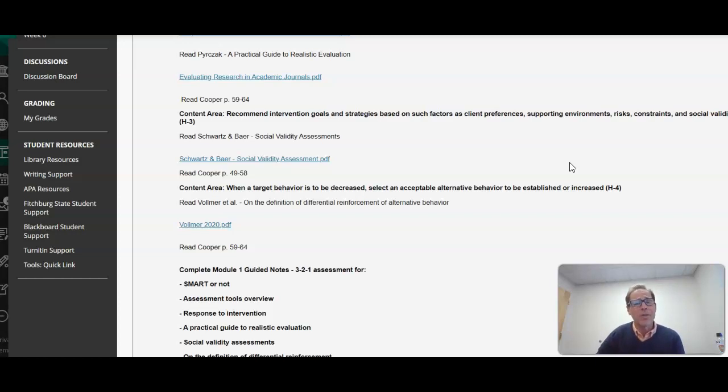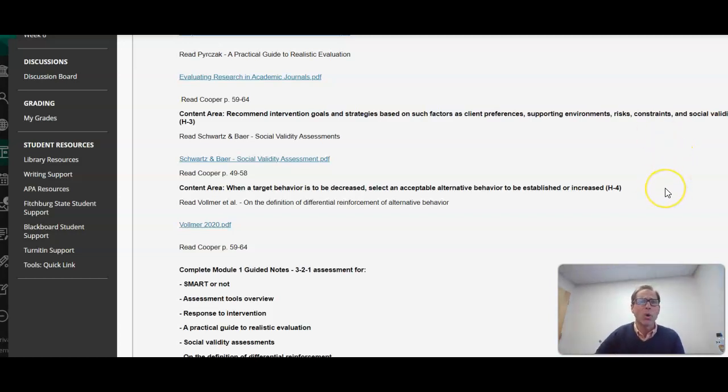So that might tell you that the environment is really not conducive for that intervention. You might need to keep looking for other interventions, but then also taking into account things like risks, constraints, and social validity, right? So it's really important for us to weigh the environment and the context in which we're going to be implementing our interventions to make a determination about whether an intervention is appropriate for changing behavior.